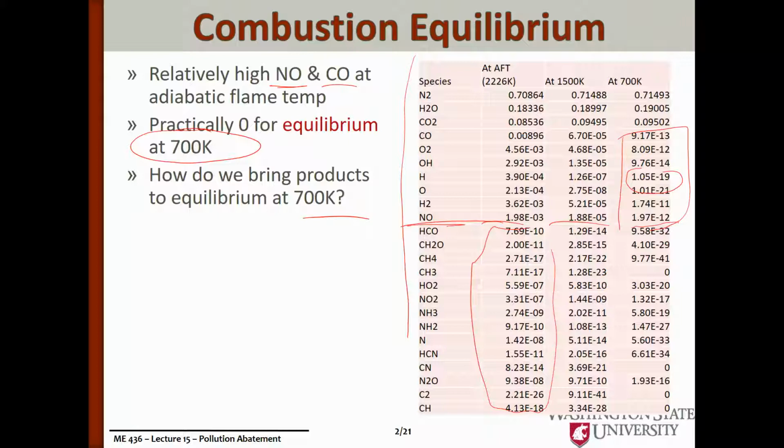So basically, with these larger molecules, they may exist in lower concentrations at the adiabatic flame temperature, but they freeze at a higher temperature because their activation barrier is higher.